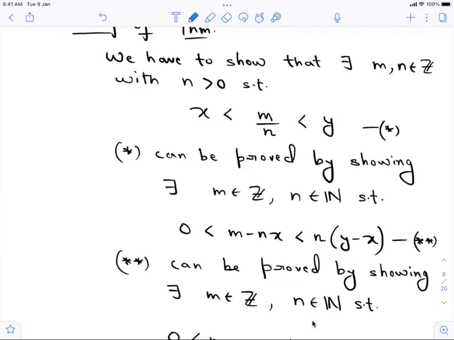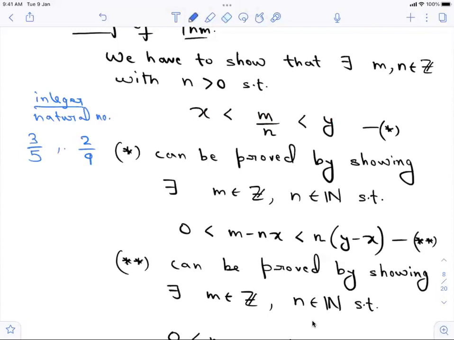Any rational number can be expressed as an integer over a natural number. For example, if you have something like 3 by 5, then it's clear. The only thing we have to worry about is when the rational number is negative, for example, minus 2 by 9.